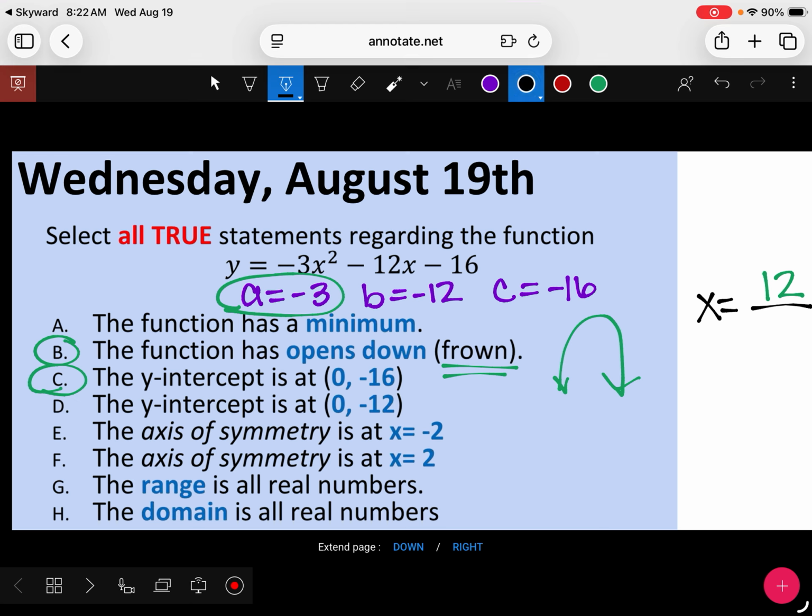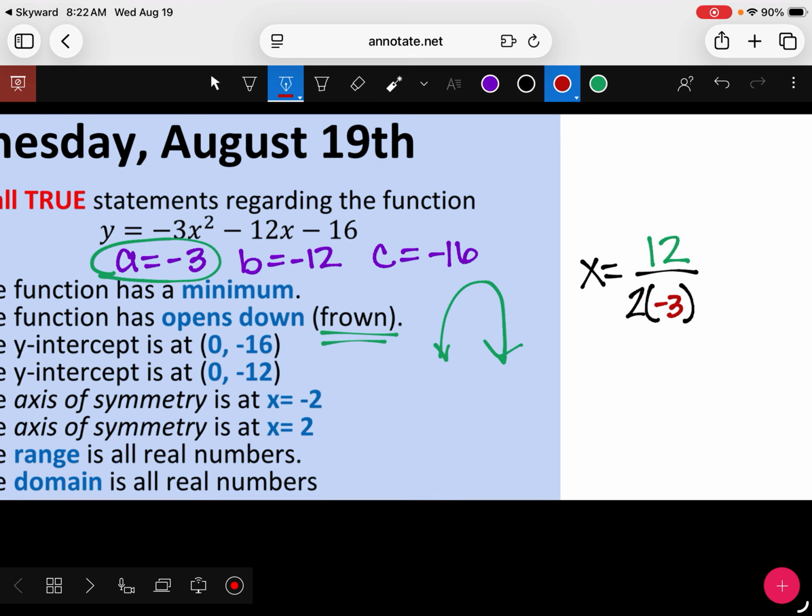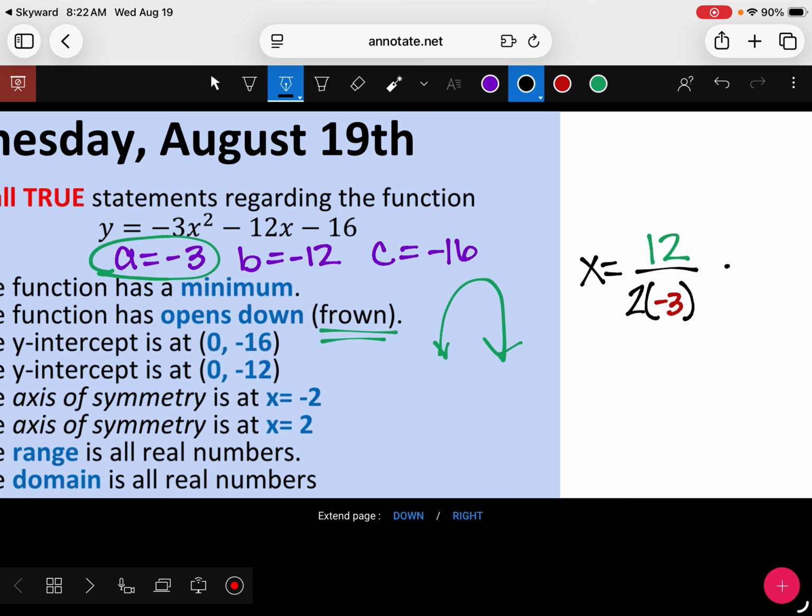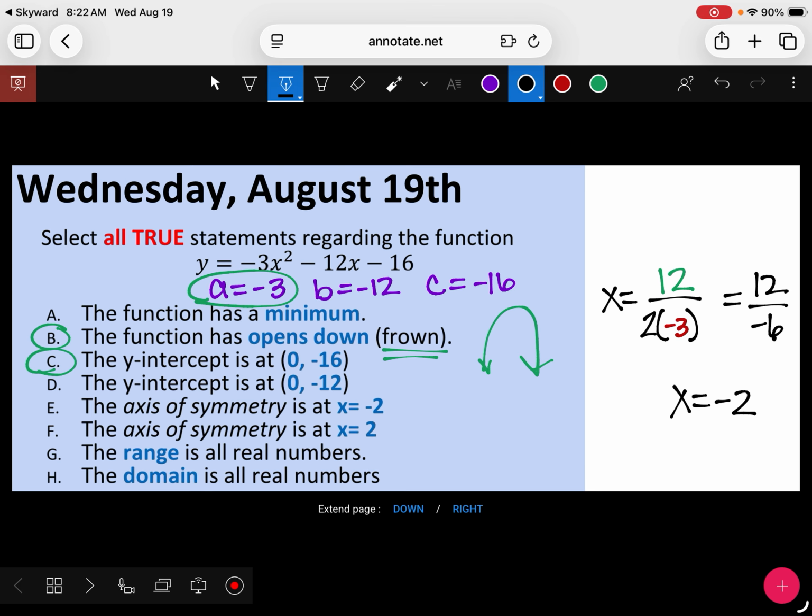And that's divided by 2 times A. And what is A? -3. So that means that in your calculator, you're going to divide 12 by -6, which should give you x equals -2. So the next true answer would be E.